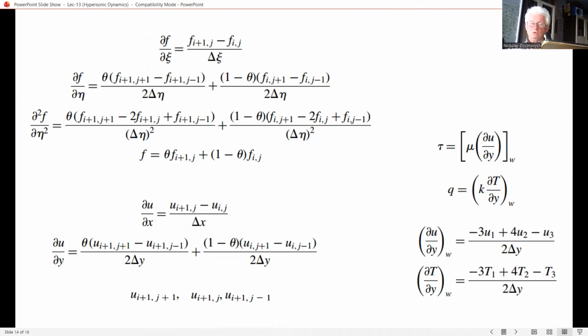Using this approach, the boundary layer properties at grid point I plus 1, j are solved explicitly in terms of the known properties at points I, j plus 1, I, j, and I, j minus 1.